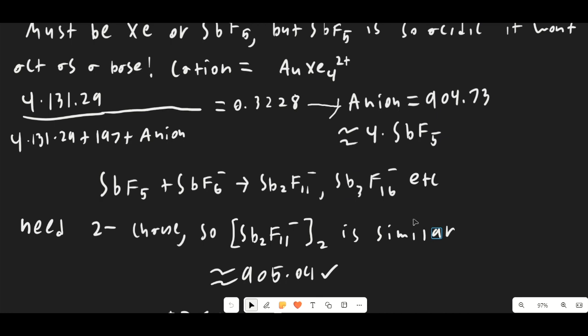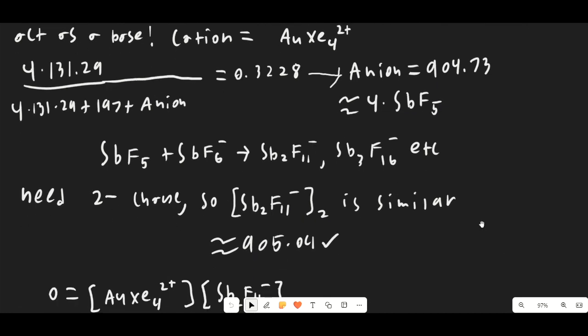But it turns out that Sb2F11 minus is a nice anion, and if we take 2 of those, we get roughly 4 times the mass of SbF5. And if we check the molar mass, we get 905.04, which is close enough to 904.73, which we calculated right here, to probably be our answer.